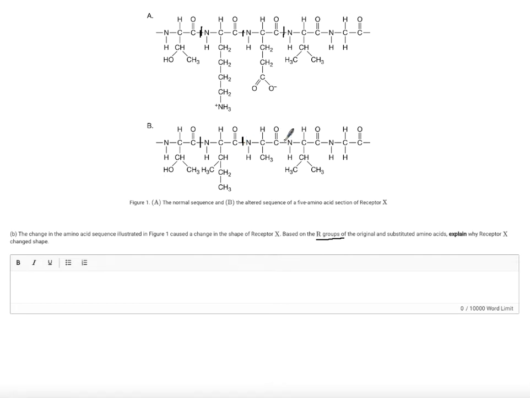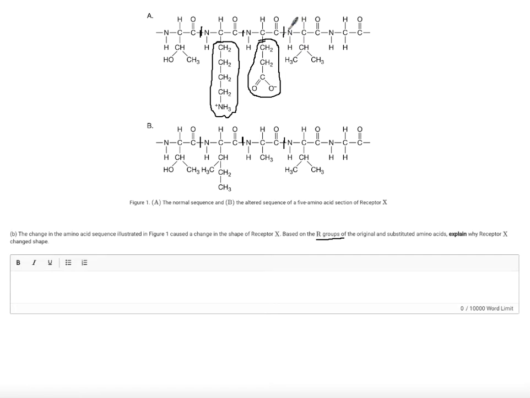What you really have to remember here is, first of all, you have to know what an R group is. An R group, as we talked about last semester, is this area over here that is different. Other than the R groups, they're all the same.